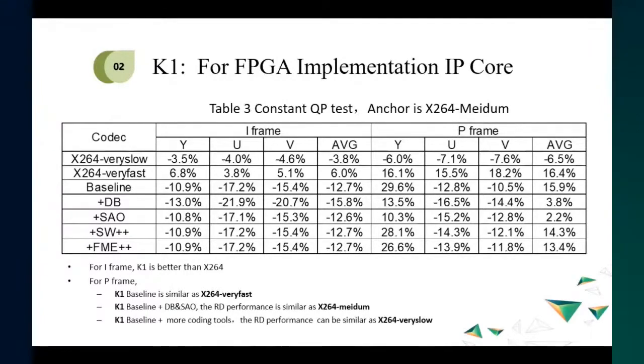But the baseline is a very tiny IP core. We removed many key modules in K1 baseline. If we use the K1 baseline plus DB and SAO, the RD performance can be similar to x264 medium. And if we add more coding tools, the RD performance can be similar to x264 very slow.